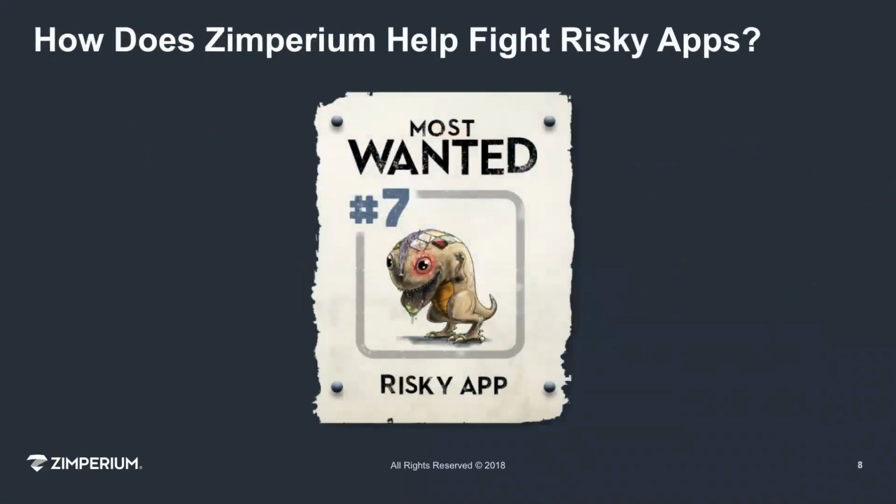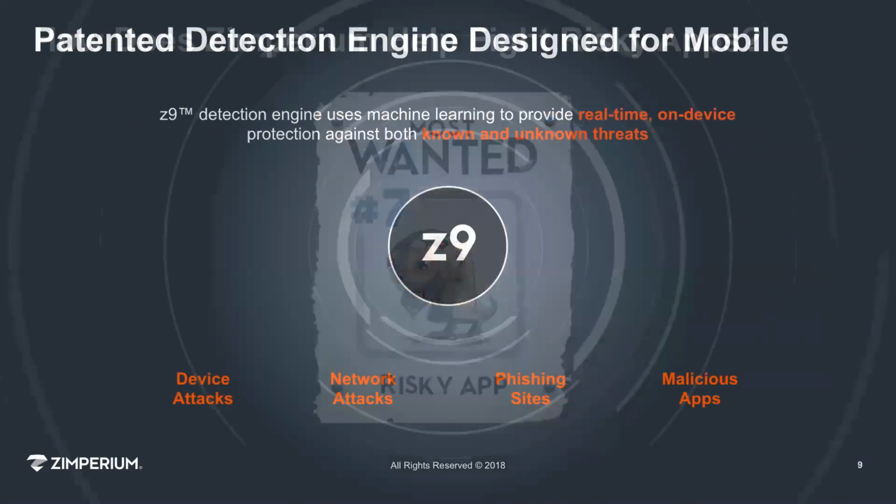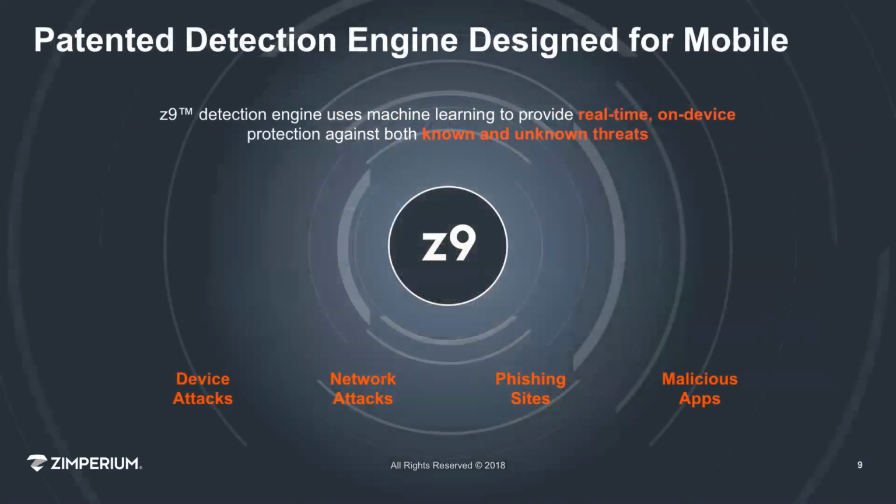So how does Imperium help fight against the risky app? What we're going to do is talk a little bit about how we fight against this in terms of interrogating the apps and looking at the research that is provided back to the security professionals. But at its core is really the Z9 technology.